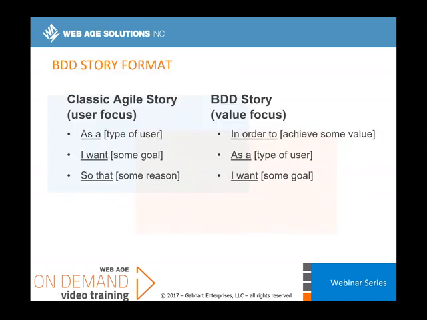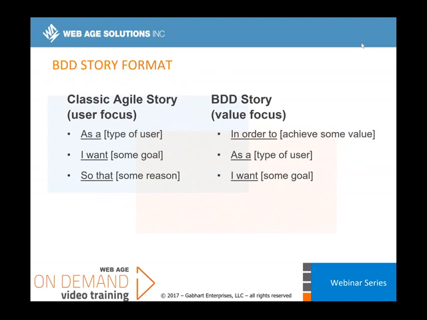So that tells us about the structure of the scenarios. How about the BDD story itself? How does it all link back into a story? Well, I'm sure you're familiar with the classic Agile story. It has a user-centric focus. What I mean by that is it starts with the user, always.